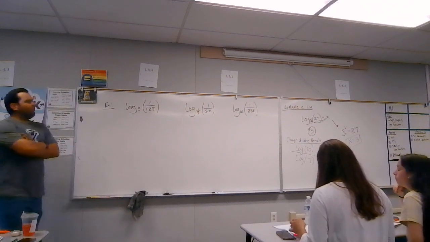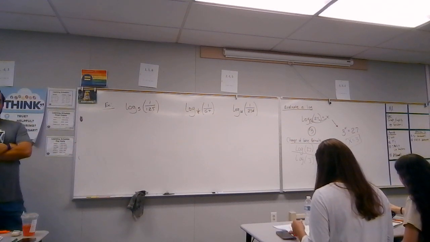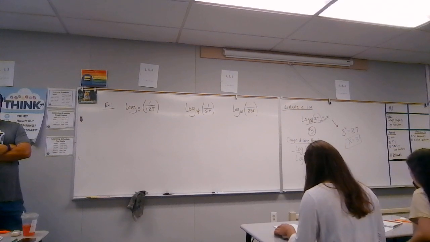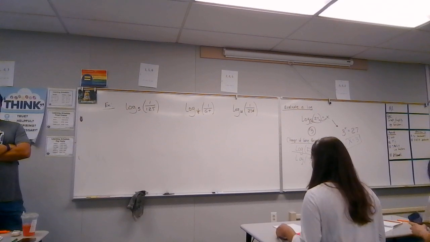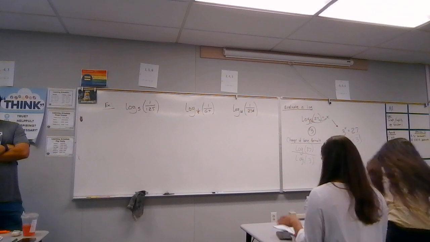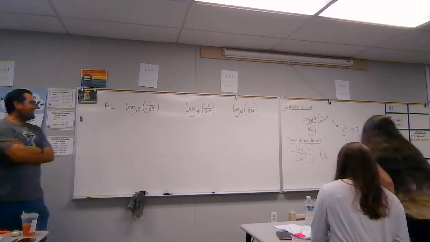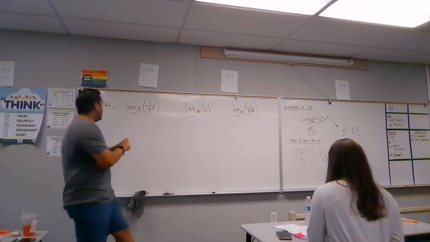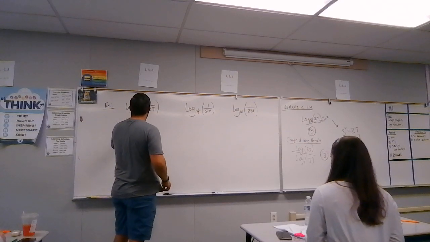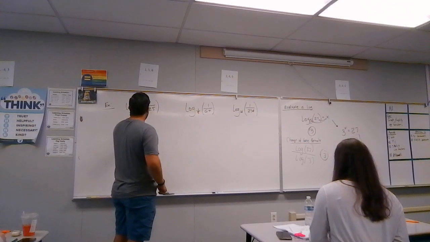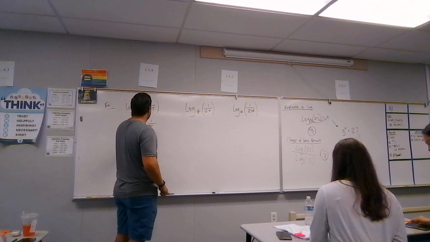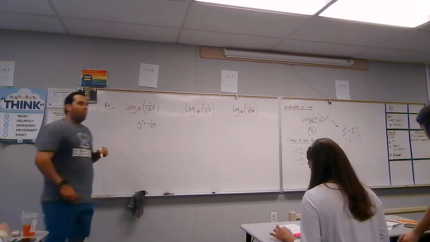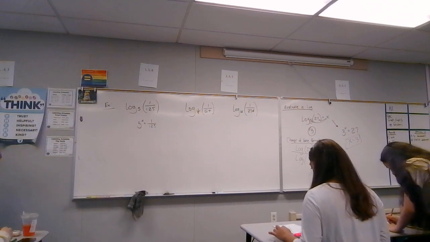So, I don't know if I have a non-calculated version of this test. Because a negative exponent makes it a fraction. All right, guys, so let's take a look. For this one, you would do 5 to the x equals 1 over 125.